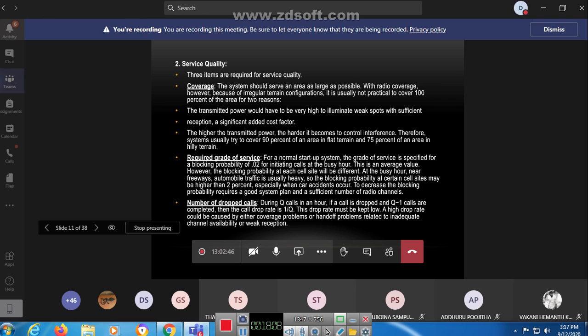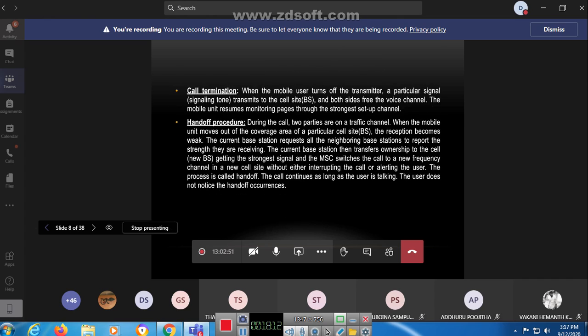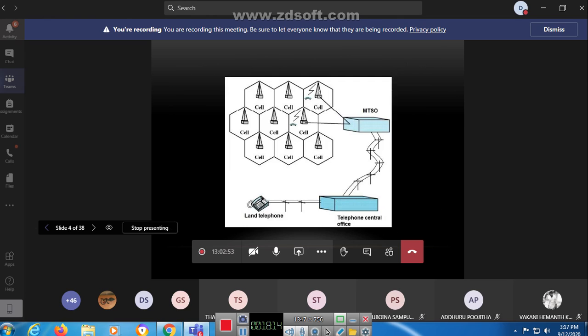For the coverage area, I will show how we can cover that area in your figure. See, this is our Kavali area. From this cell to the edge of the cell, how much distance? Suppose for example we take the long distance from Kavali to Nellore.